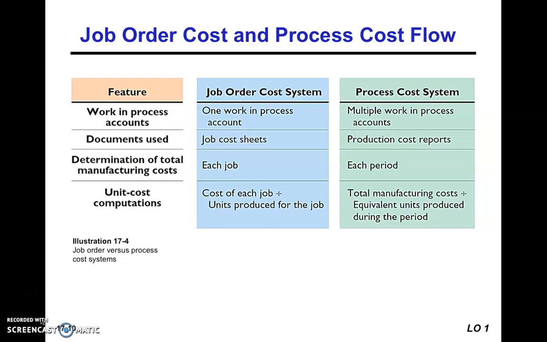In a process cost system, we do add up the total manufacturing cost. However, the challenge is the denominator of this equation, how many units we actually produce, because at the end of each period, there are units that are 100% finished, and there are some units that are still sitting in ending work in process. And we have spent money on them, and that cost of material, labor, and overhead is included in total manufacturing costs.